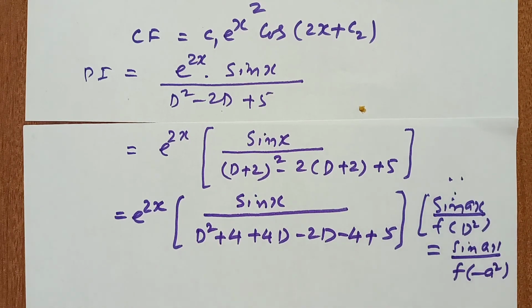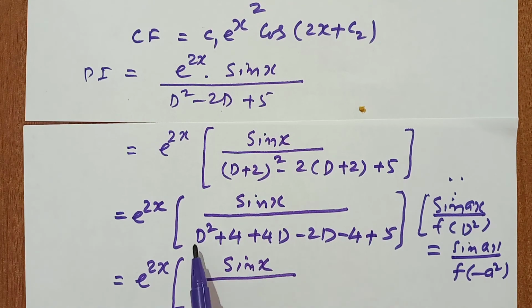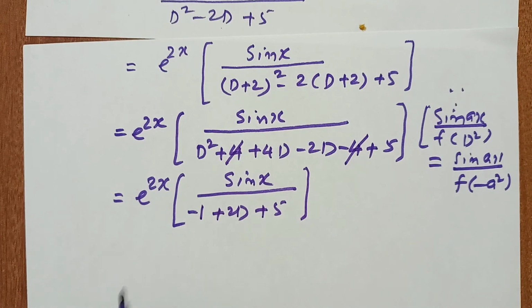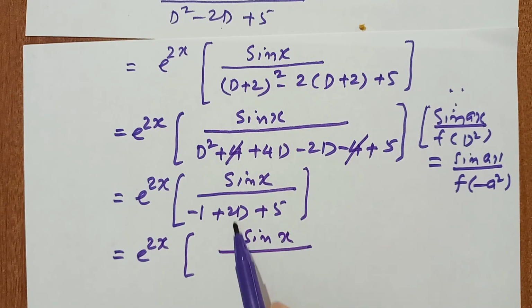Okay, so here we will write, in place of D squared, here a is 1, so minus 1. Okay, so minus 1, this 4 and 4 cancel, plus 2D plus 5. Okay, so this is e to the power 2x as it is, sin x upon 2D plus 4.